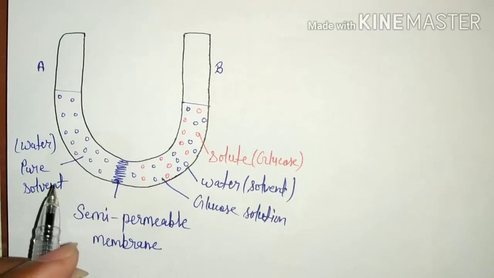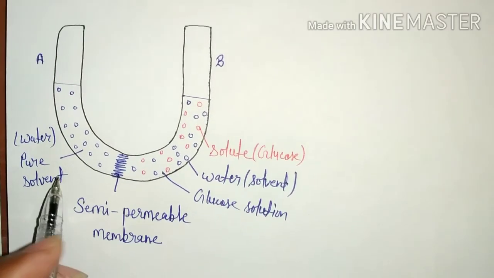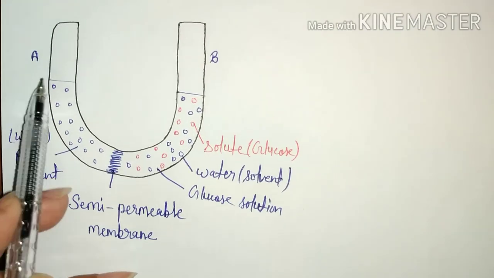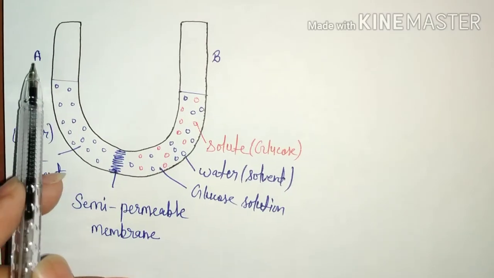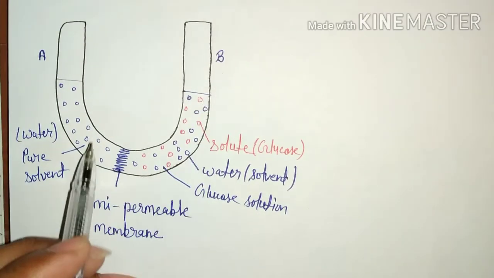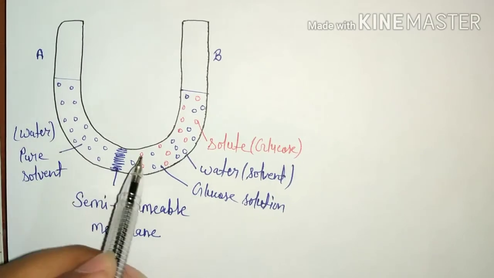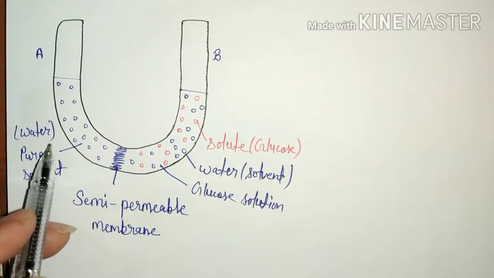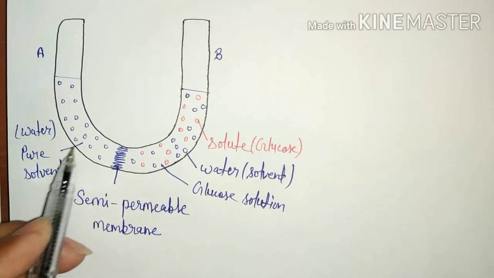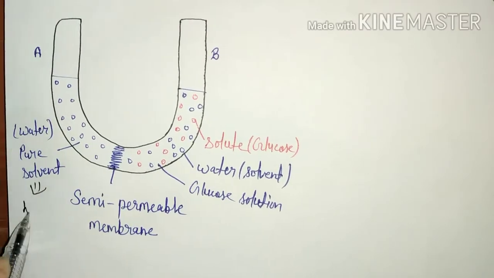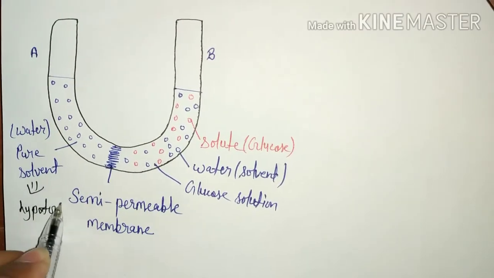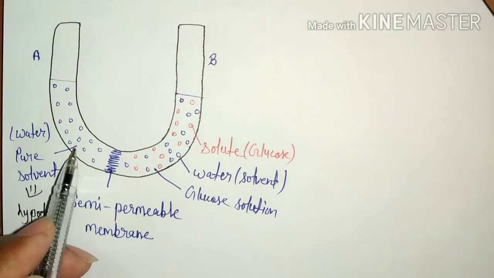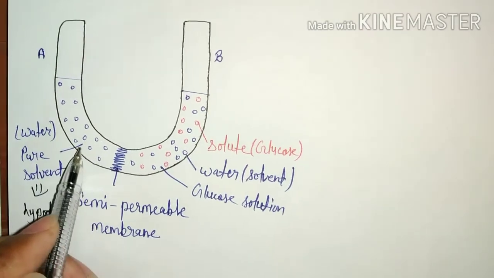Let's see the process of osmotic pressure with the help of a diagram. There are two solutions, solution A and solution B, both separated by a semi-permeable membrane. Solution A is hypotonic, which means it has only water molecules or a lesser amount of solute.